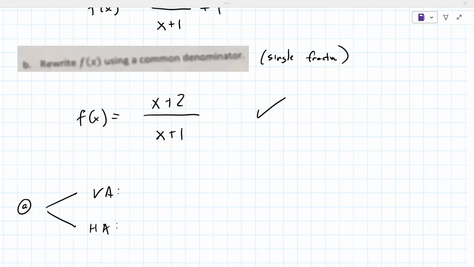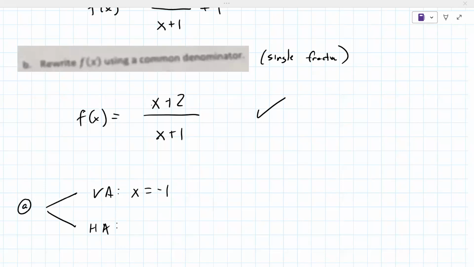Yeah, so the vertical is -1. It's an equation though. Oh, right. X equals -1. What else? For the horizontal, I thought we didn't actually have to solve anything.